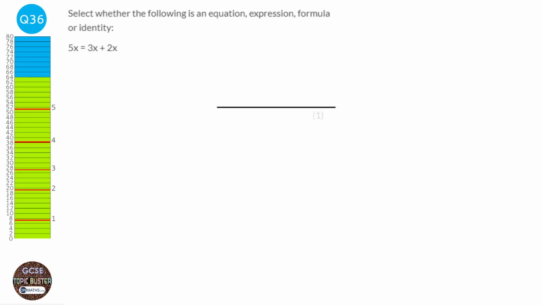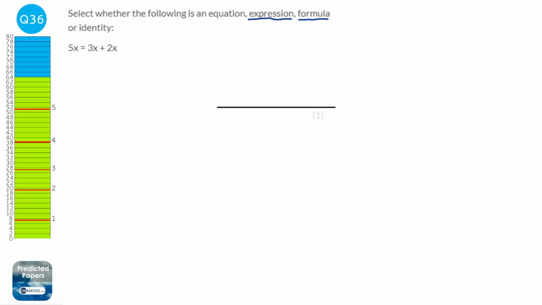To answer this question, we need to know what an equation, expression, formula, and identity is. So the formula is basically an equation but for real world things. So area equals pi r squared. It's where the letters actually mean something. Expression is just algebra without the equal sign.